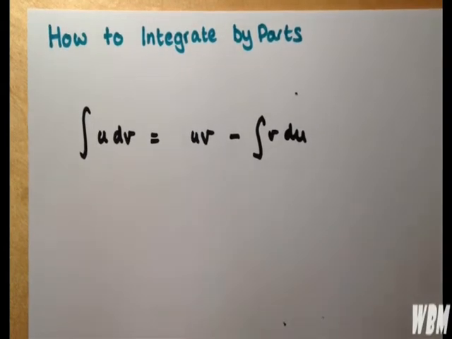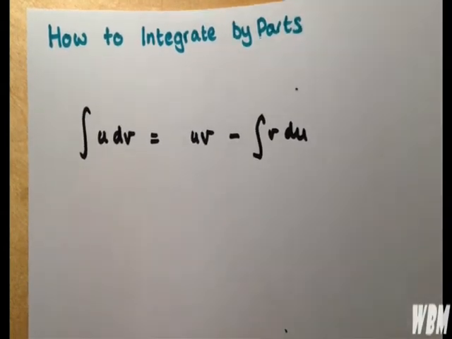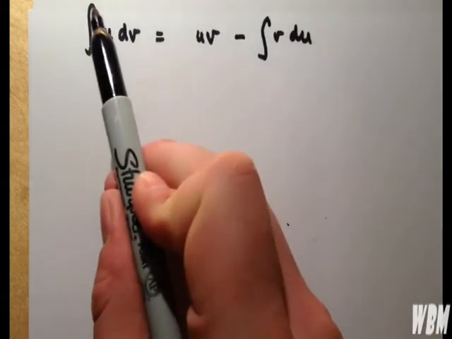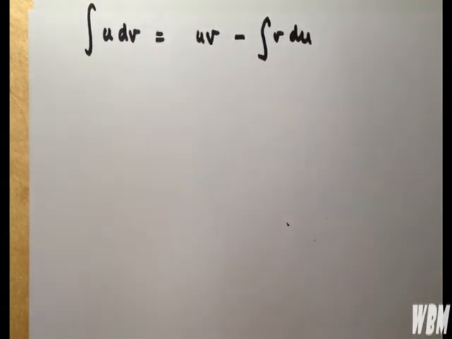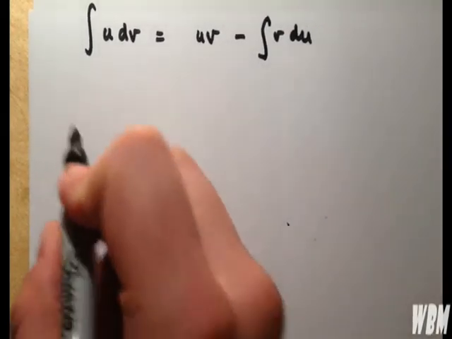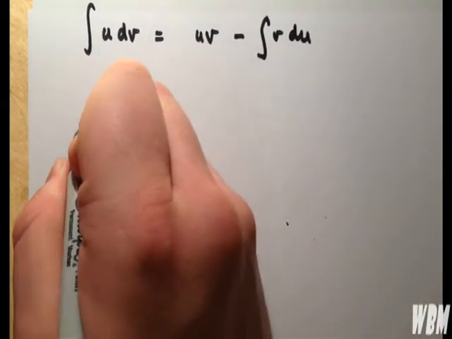Now, the only tricky part is knowing what to choose to be u and what to choose to be dv. So I'll hopefully be able to explain that to you in the following example. Here's a question I wrote earlier.